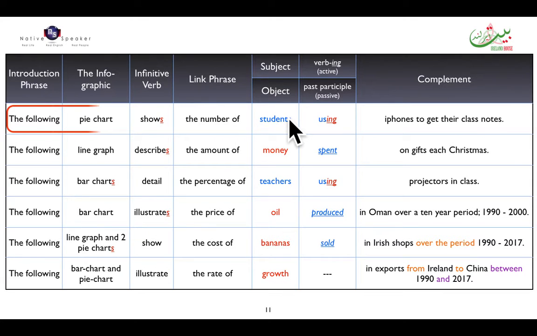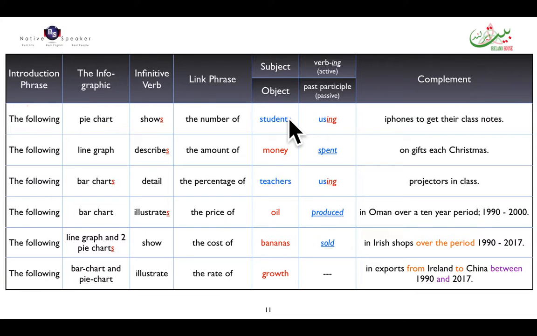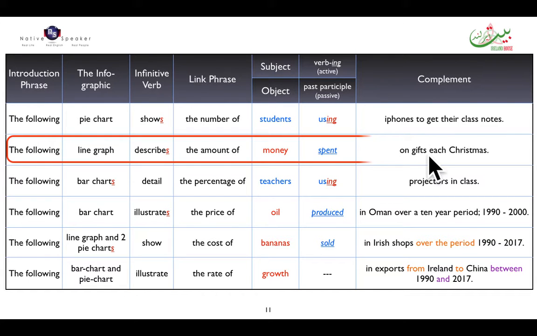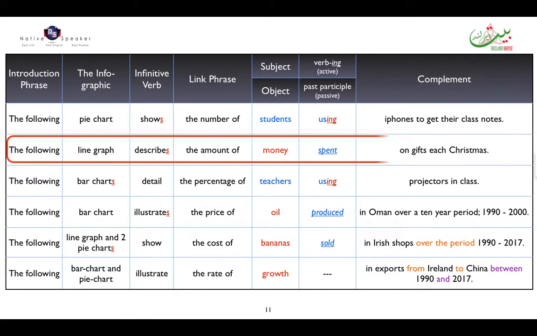Now you. Very good. Next one. The following line graph describes the amount of money spent on gifts each Christmas. Now you. Very good.